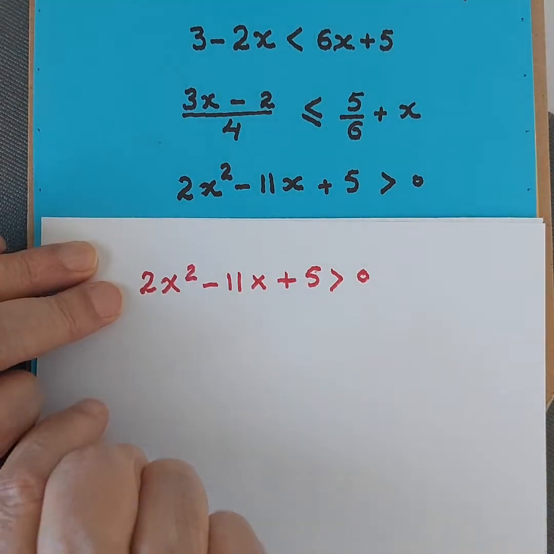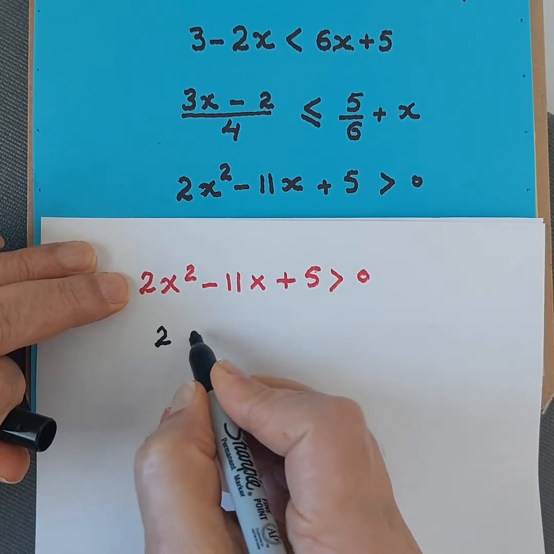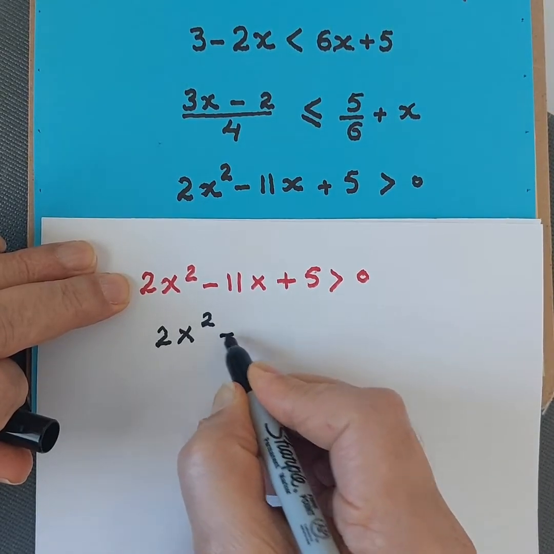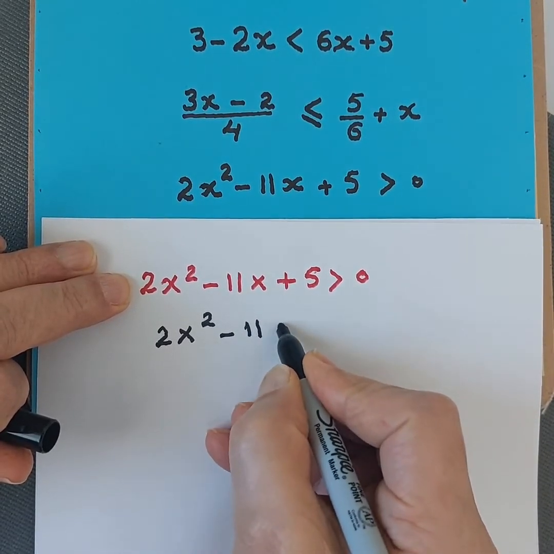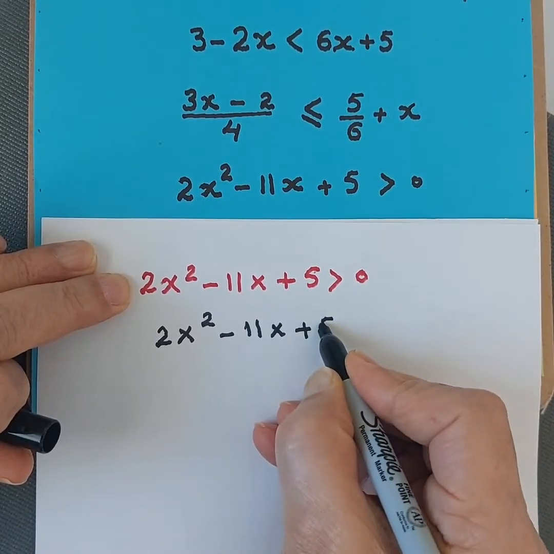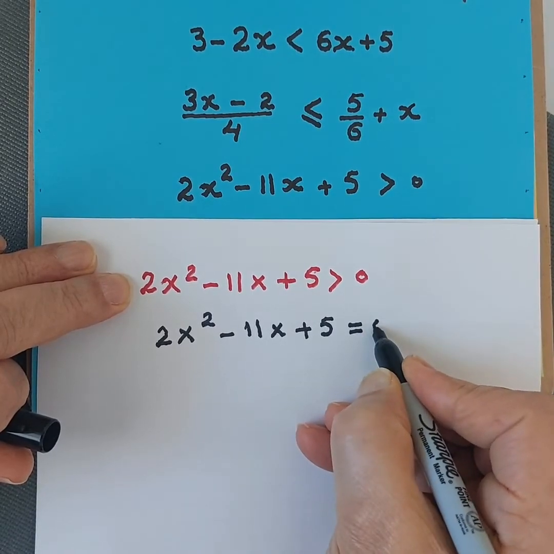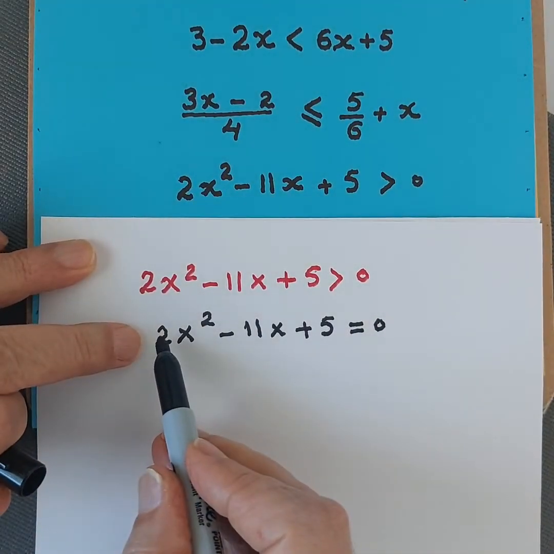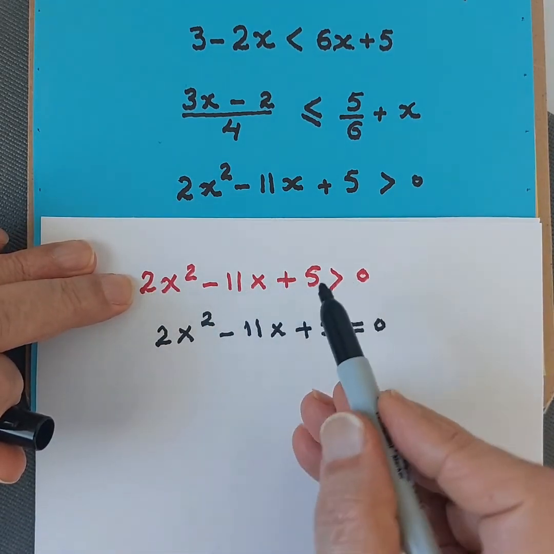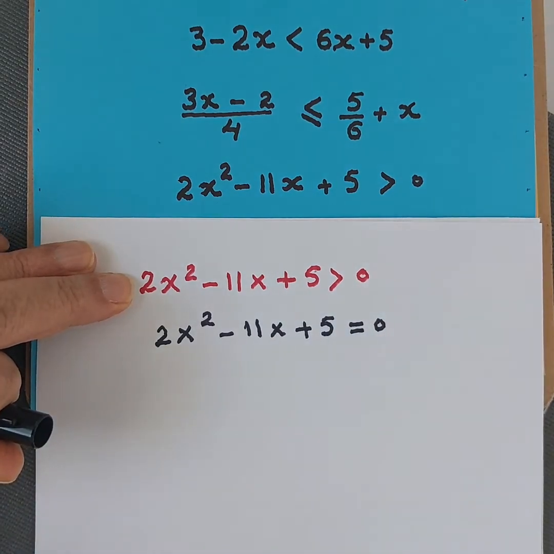The quadratic equation, which is 2x squared minus 11x plus 5 is equal to 0. See, this is the first step we do by taking the quadratic equation, which is the same form of the inequality, but instead of this sign we put the sign of equality.